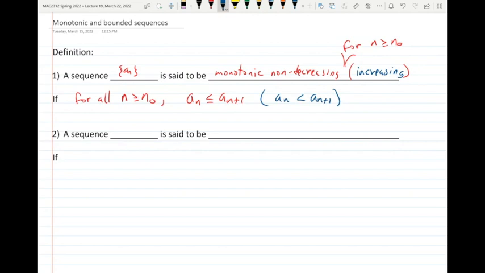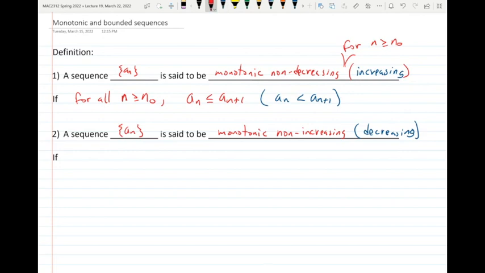And then similarly, monotonic non-increasing or decreasing is if the terms keep getting smaller as you go deeper into the sequence. So a sequence a_n is said to be monotonic non-increasing, and alternatively you could say decreasing, but then of course decreasing means that it's always getting smaller, so you don't allow the sequence to have terms that are equal to each other.